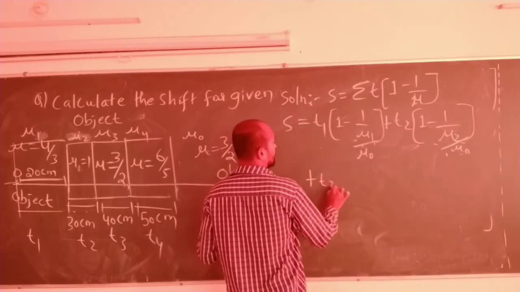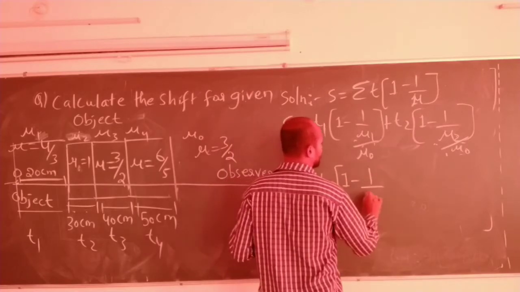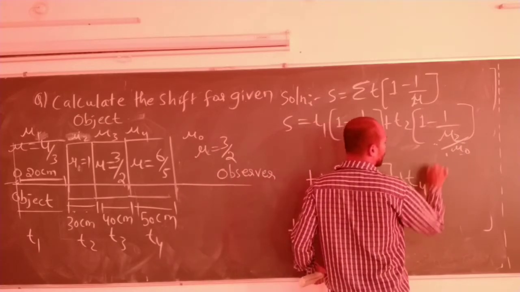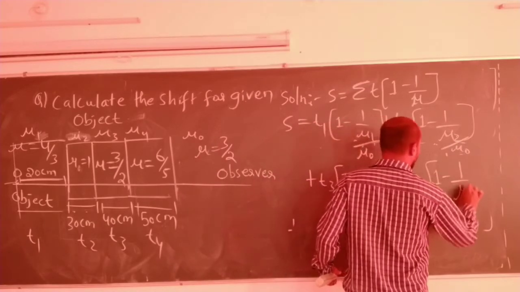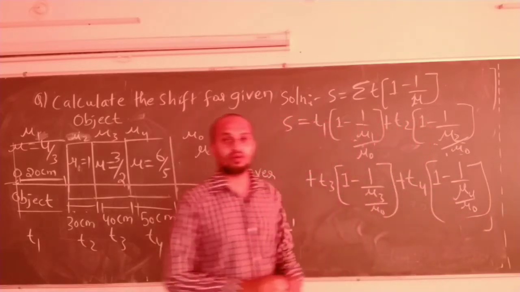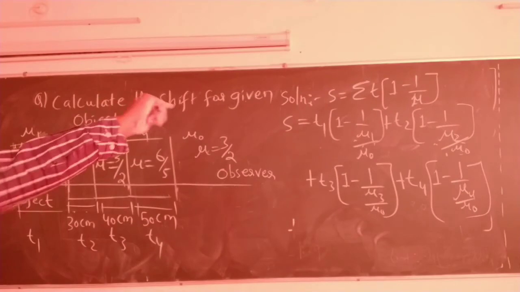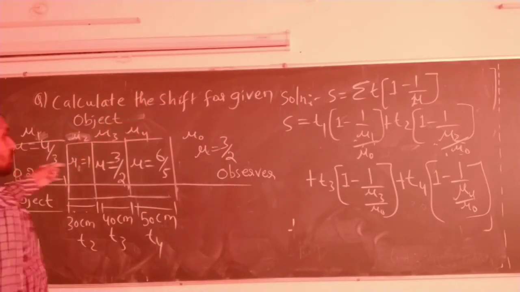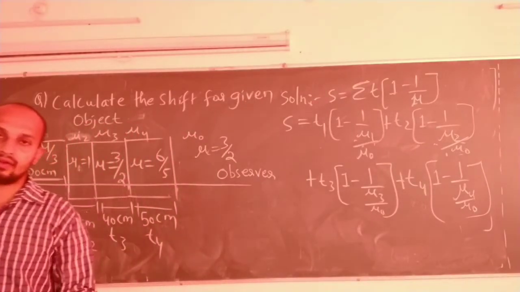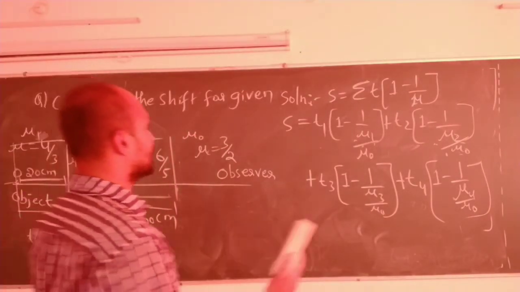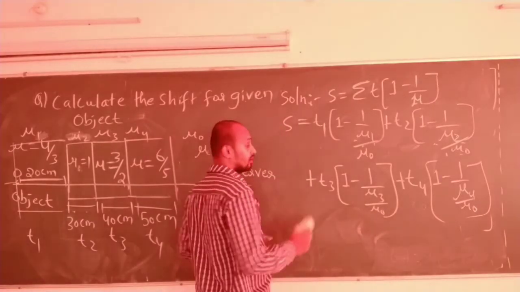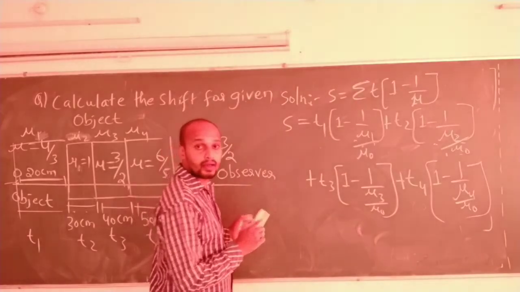Plus T3 into 1 minus 1 divided by mu3 divided by mu0, plus T4 into 1 minus 1 divided by mu4 divided by mu0. This will be the formula. Got it now? If I substitute all the values, you are going to get the answer. Are you understanding? Keep this remembered. I'm going to rub it right now.